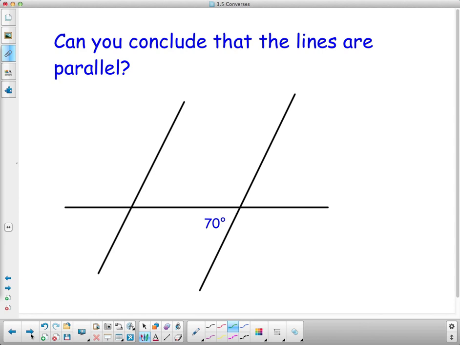Okay, how about that combination? Are the lines parallel?